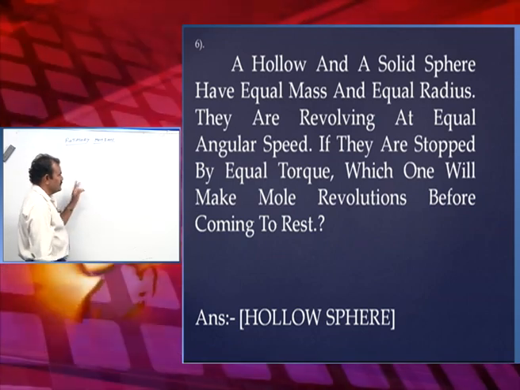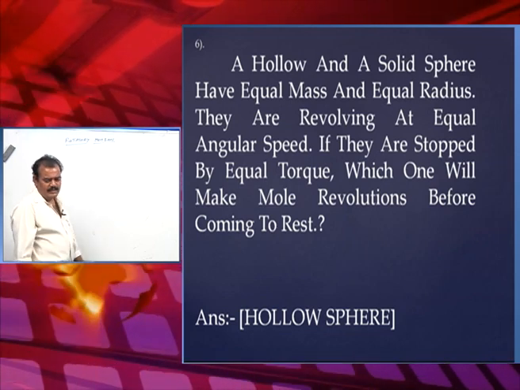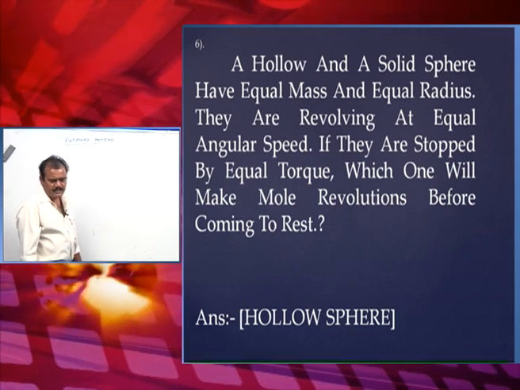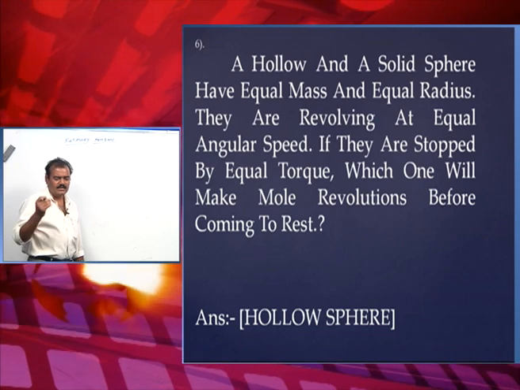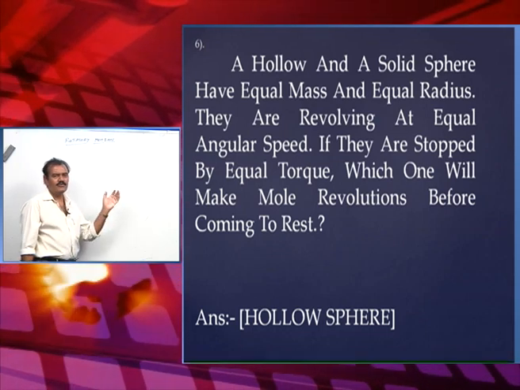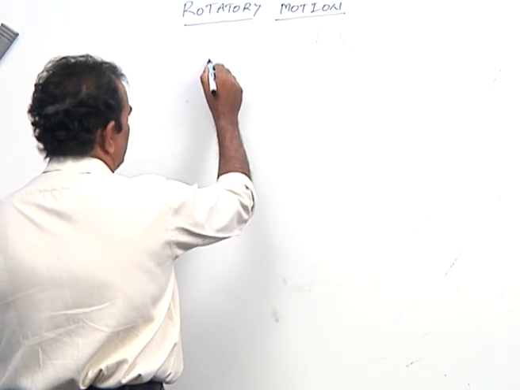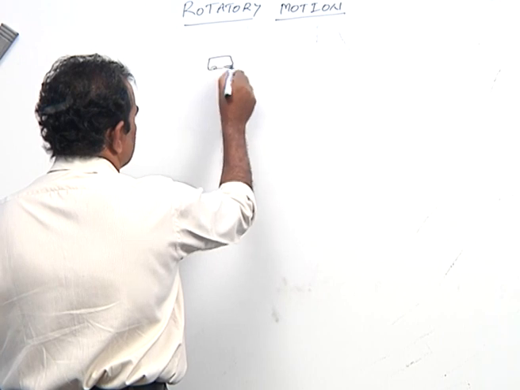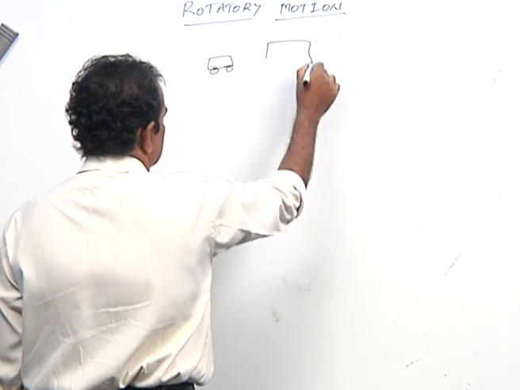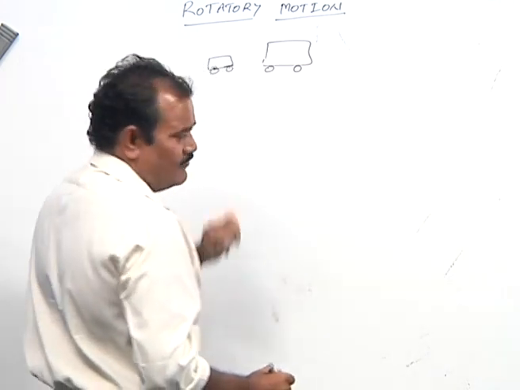When they are subjected to the same retarding force or braking force, they come down to rest finally. Then which travels a shorter distance before coming to rest? In that case, a car is there, and thereafter a lorry is taken like this.